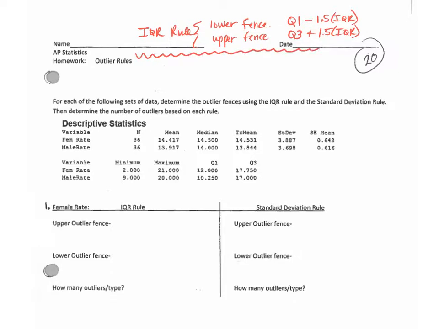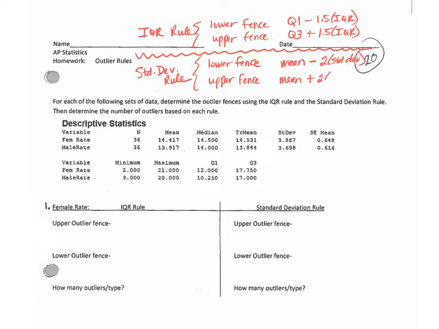Now, if you need to use the standard deviation rule, here's that. The lower fence, and I don't have a little song for this, is the mean minus 2 standard deviations. And the upper fence is the mean plus 2 standard deviations.